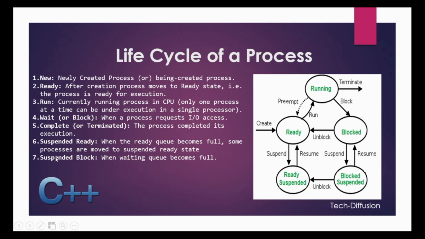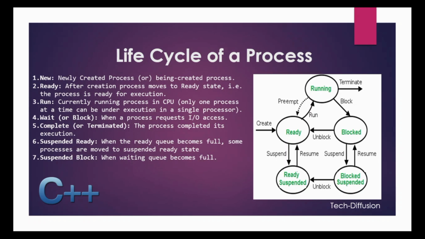Wait or block is when a process requests I/O access. Previously we discussed the thread, which also holds a wait state, and a process follows the same thing. If another process is already holding the CPU or memory, then this one can't execute at that time. That state is called wait or block.